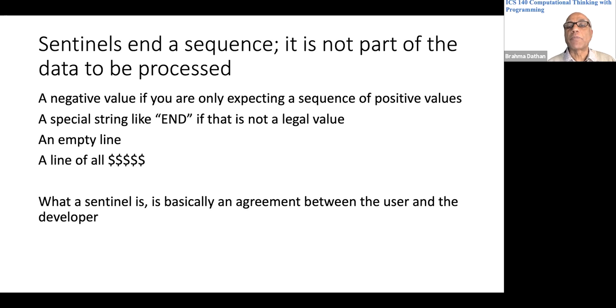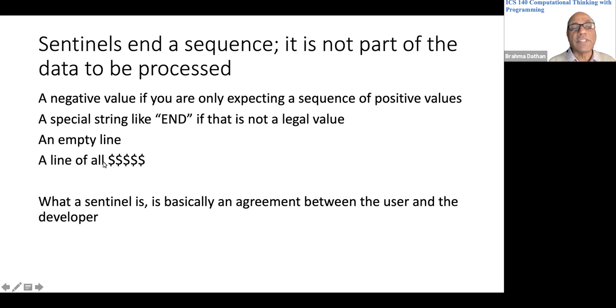For example, if you are processing a sequence of positive values, a negative value could be considered a sentinel. Perhaps the string END in capitals could be considered a sentinel. A line with no input, not even a space, could be considered a sentinel.